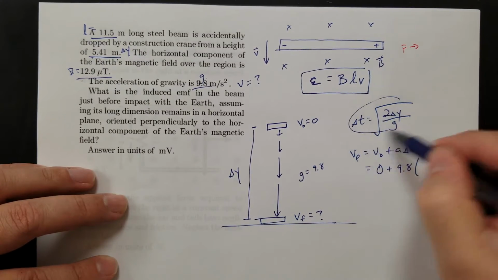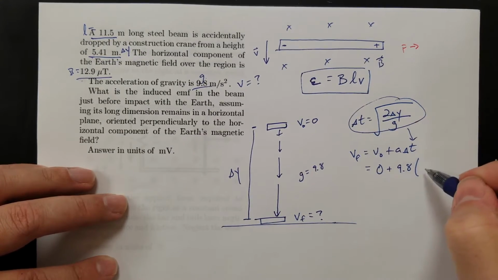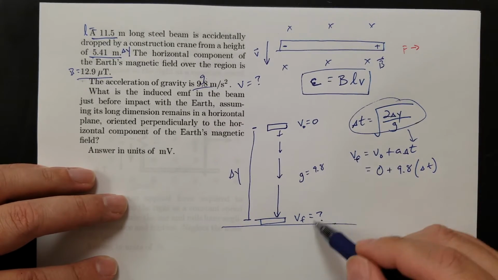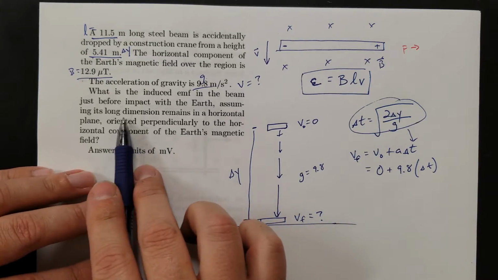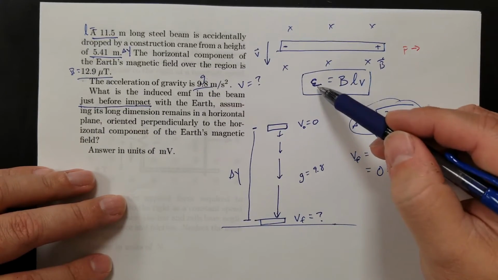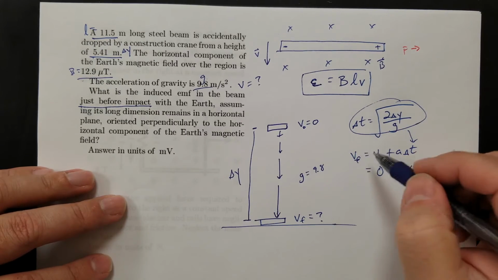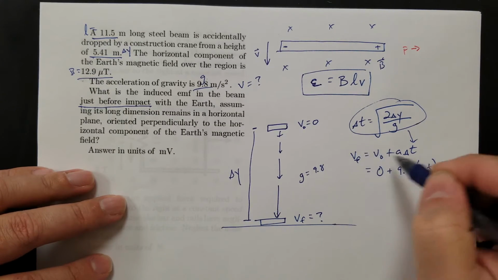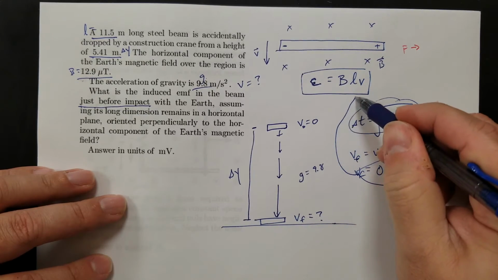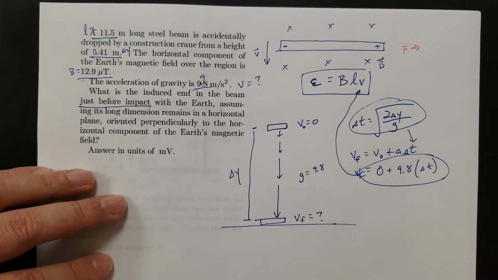So I would take this and plug it in here, and I'll get my final velocity. The question says just before impact, so to get the EMF just before impact, once I've got this final velocity, that's VF, I can plug it in up here for velocity, and then I'm done.